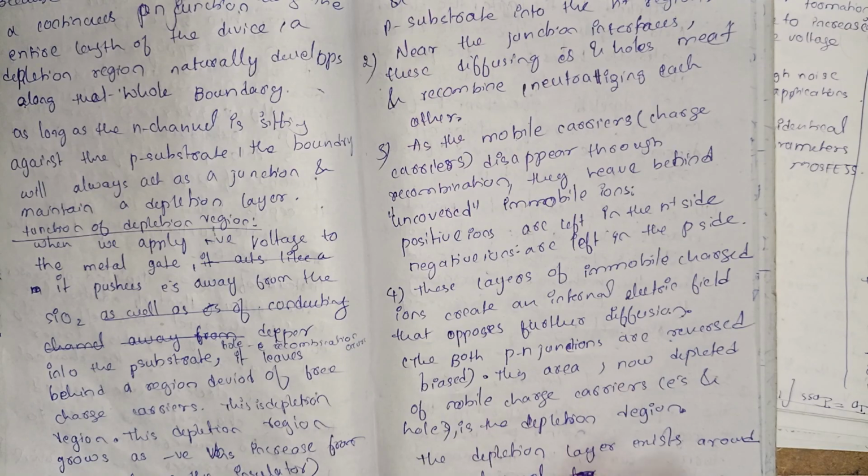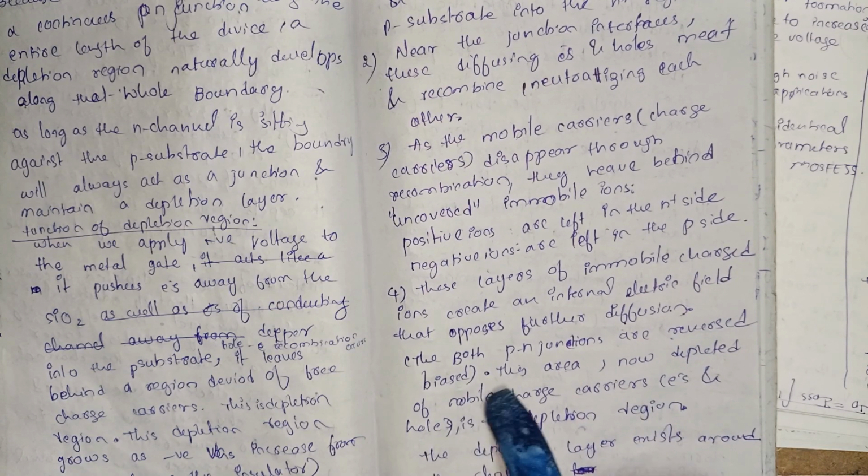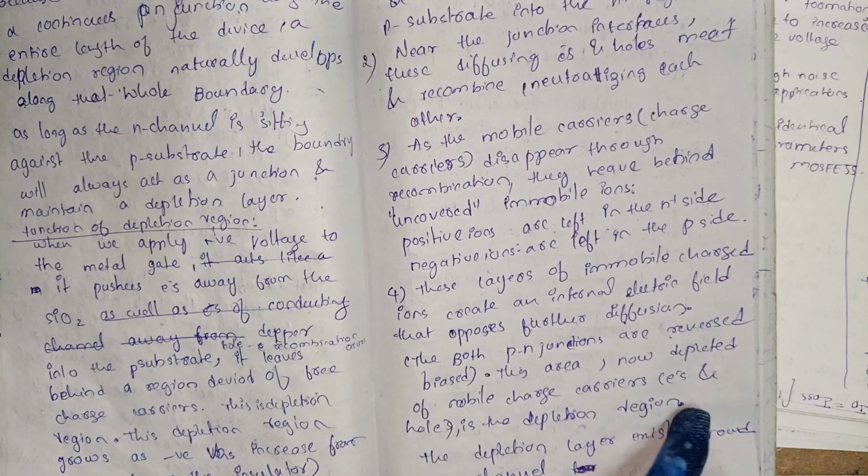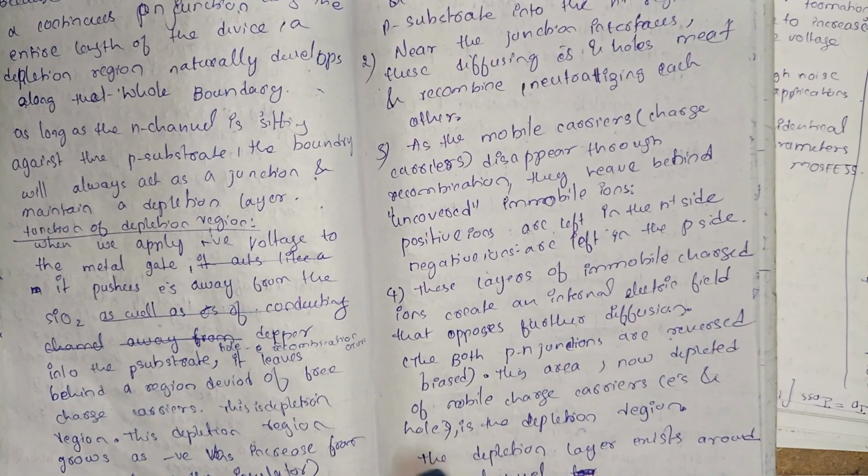Okay, and both p-n junctions are reverse biased. This area is now depleted of mobile charge carriers, electrons and holes. This is the depletion region.